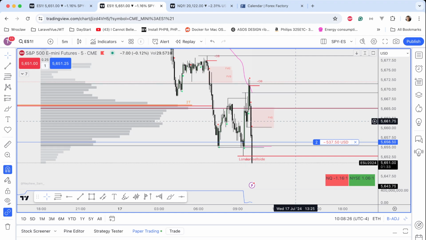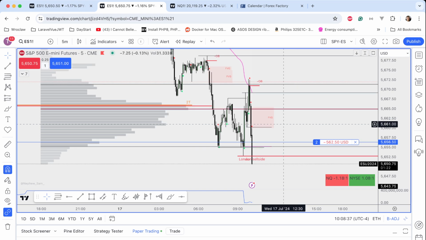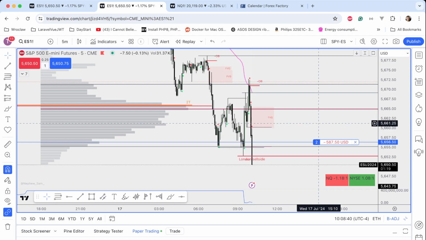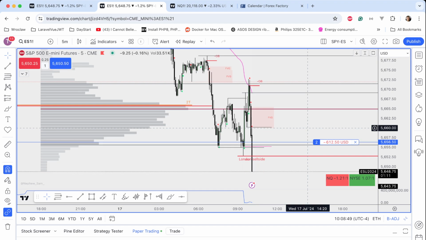Am I wrong? You can be wrong here. Looks like the stop loss is busted now.